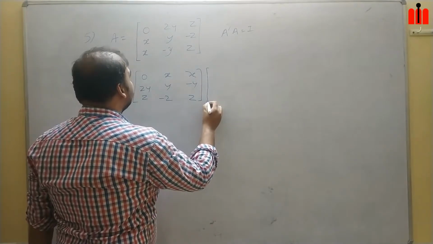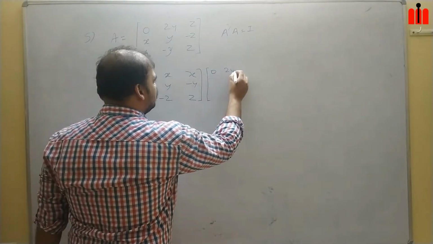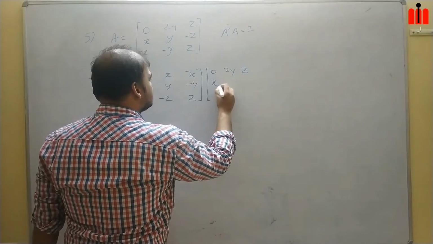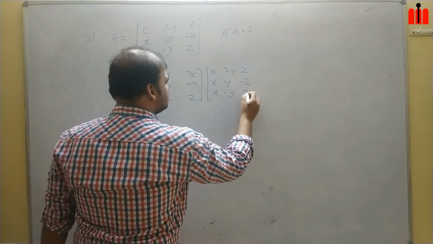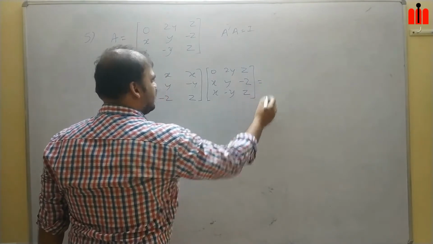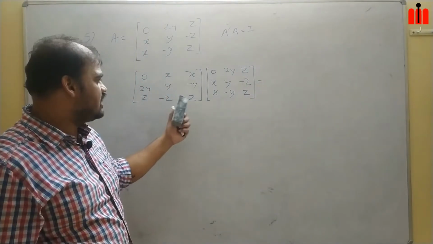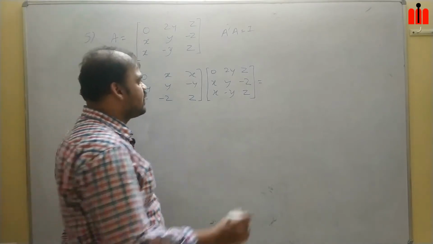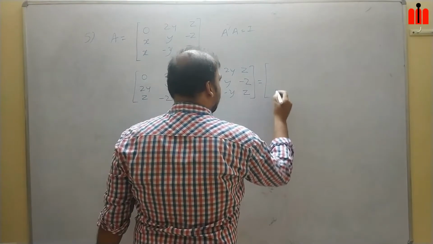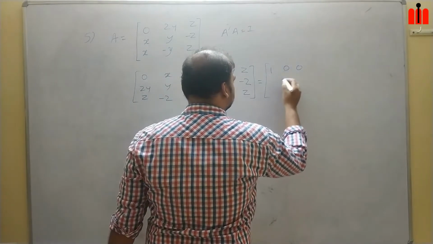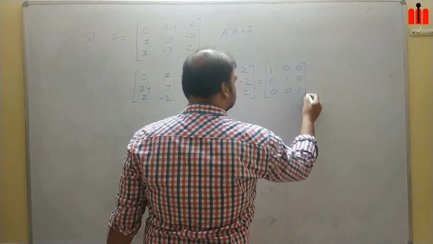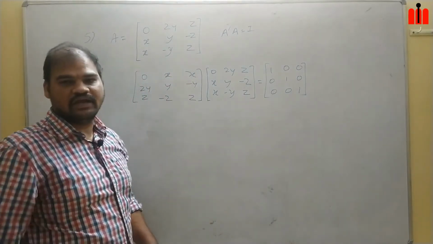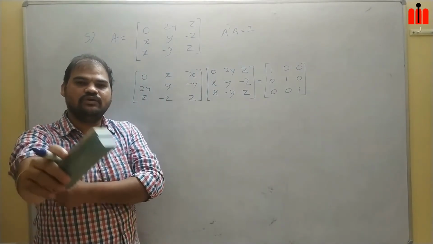And A is [0, 2y, z; x, y, -z; x, -y, z]. So this is A transpose into A. Now this is equal to I, meaning [1 0 0; 0 1 0; 0 0 1]. This is the problem condition, that A transpose into A is I.